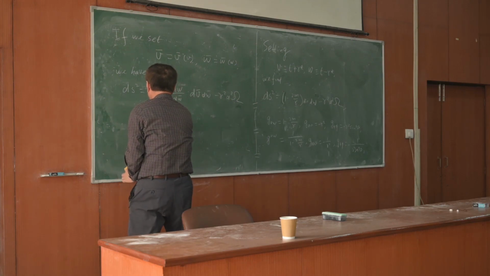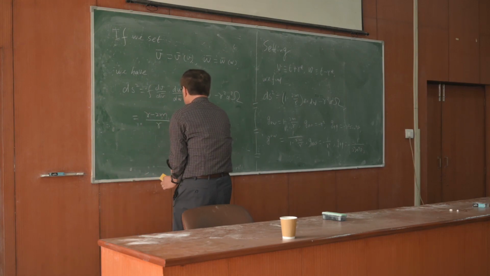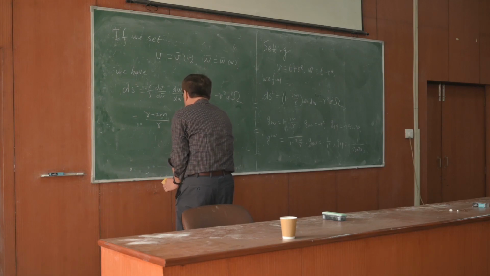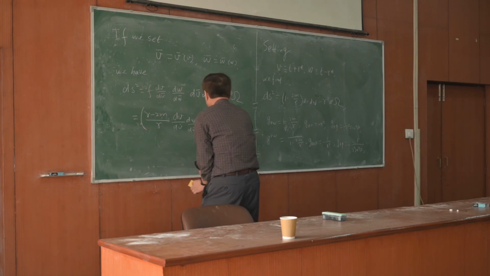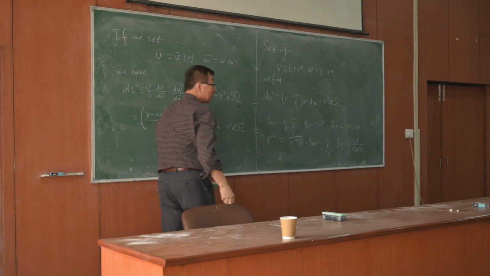So this equals r minus 2m over r multiplied by dV bar dW bar. Correct?